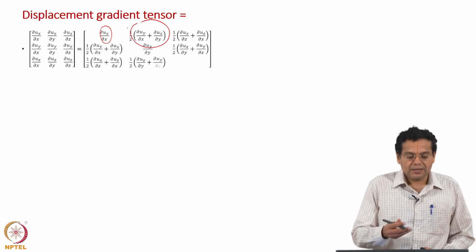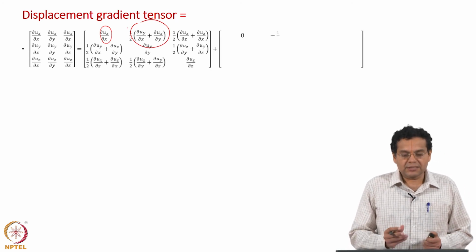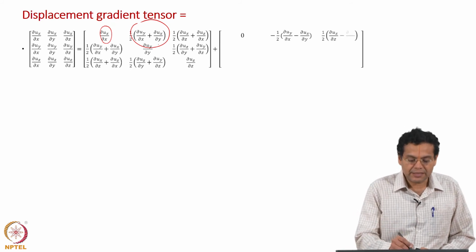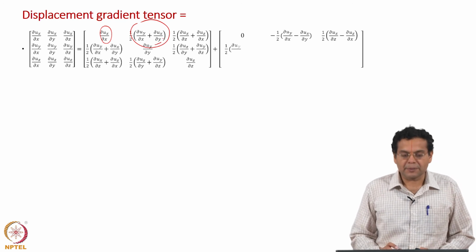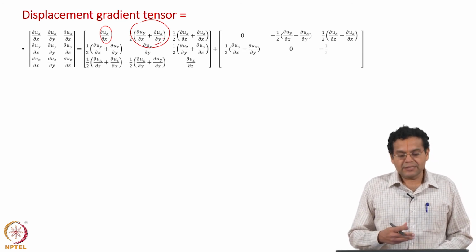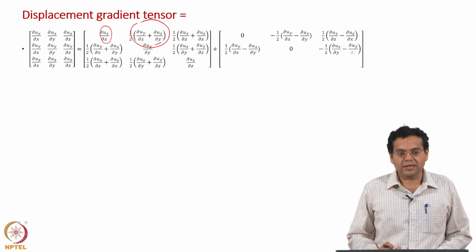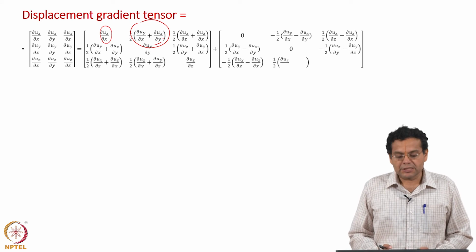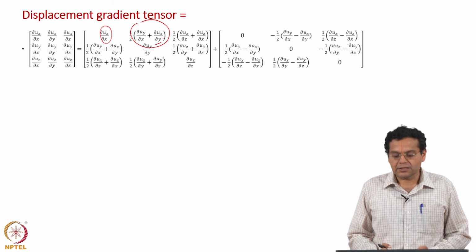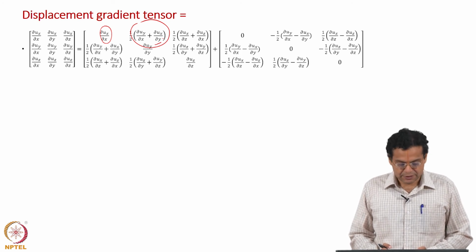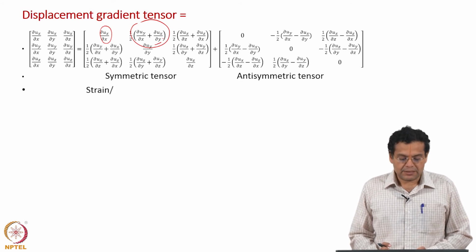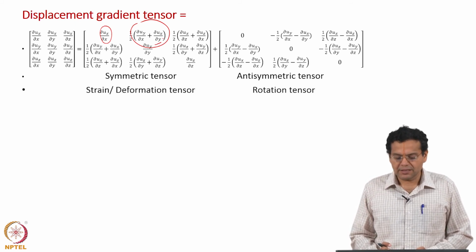We said dou ux by dou x initially was just a mathematical gradient, slowly we said it represents normal strain, and then we said these two summed together represent shear strain, and we said that will lead to the present discussion, and that is what we have done now. These two terms put together represent all the displacement due to the normal and shear strain, which we call deformation. The second tensor is of course the components due to rotation. So, symmetric tensor, anti-symmetric tensor we have seen, and the strain deformation tensor, rotation tensor.